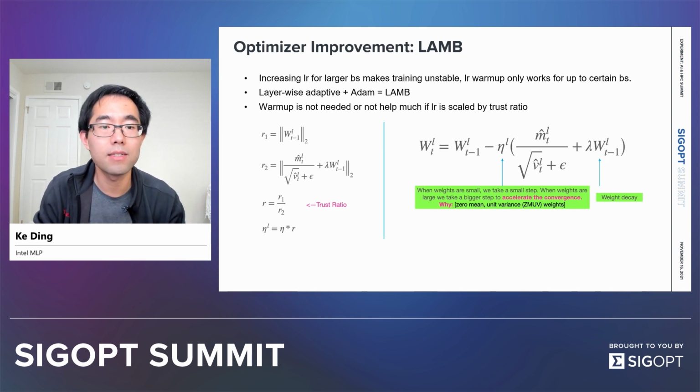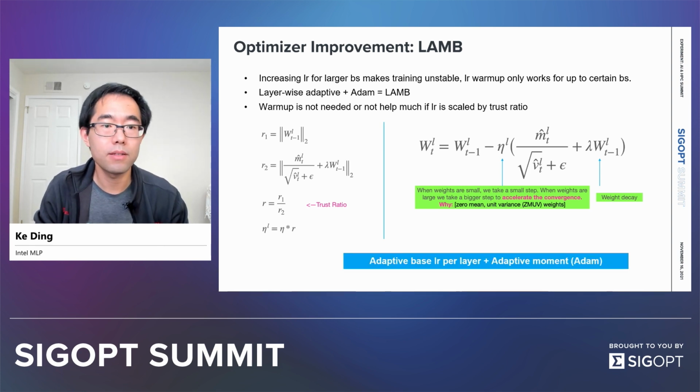This is exactly the phenomenon the Google Brain team observed, and they figured out a simple way to solve it. So in summary, LAMB is just another level of adaptation on top of Adam: adaptation of the base learning rate per layer plus adaptive moment. But this is extremely useful for large batch size training convergence.